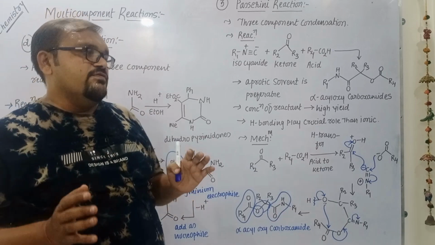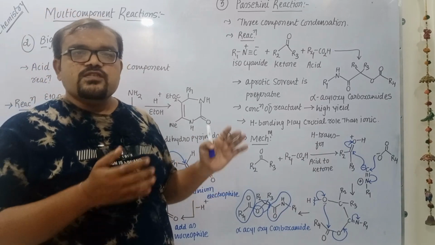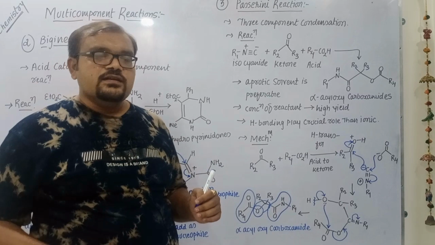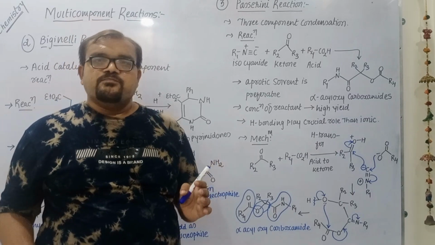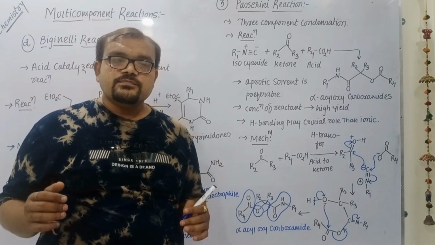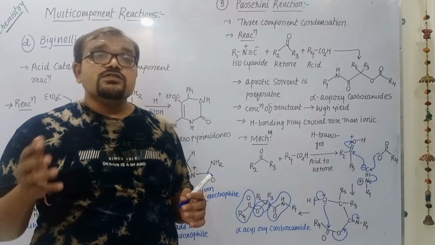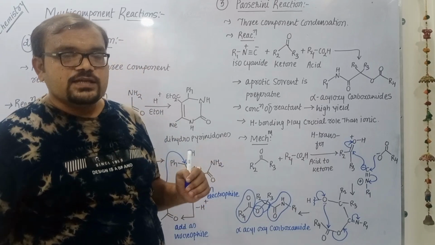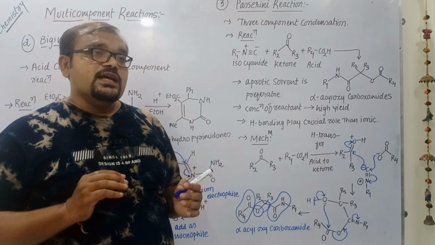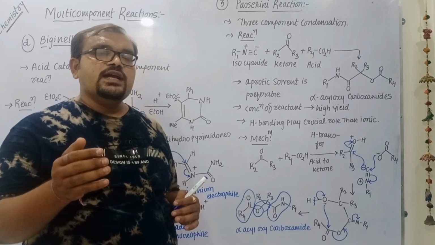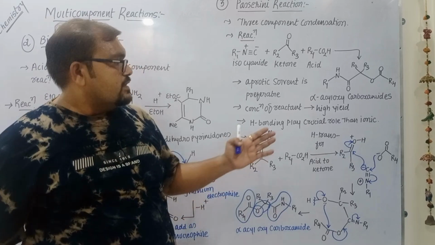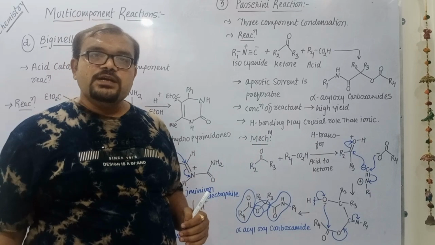Now, which are the favorable conditions for this Passerini reaction? We can say that aprotic solvent is most favorable for this Passerini reaction. Then as we increase the concentration of reactant or component, the yield of the reaction will increase.